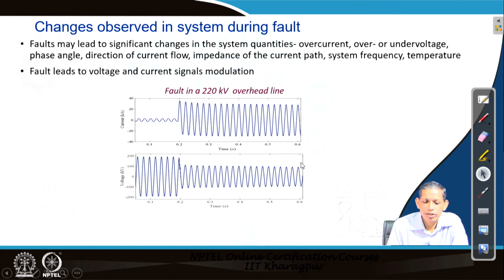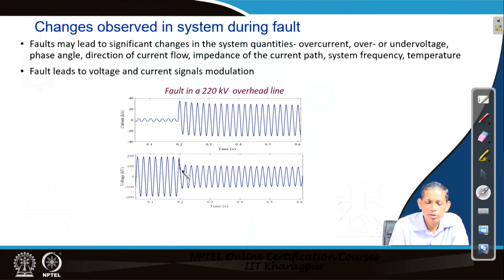Consider a case of an actual 220 kV system in the grid, where there is a fault in the 220 kV system. If you see this current pattern here, this is the normal functioning of the system, and now a fault happens at around 0.2 second and the current increases significantly. The fault continues for this long duration of time, and at the same time, if you observe the voltage in the 220 kV system, this is the pre-fault, normal situation of voltage.